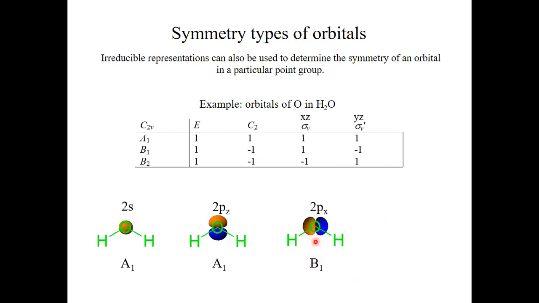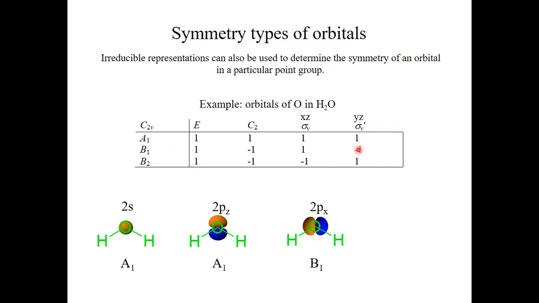So in this case, it actually would again change the algebraic sign of the wave function. So that is again consistent with the symmetry type B1, because you see here that for the symmetry type B1 underneath sigma v prime, you have the character -1.